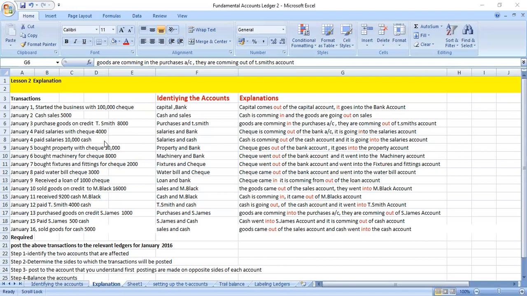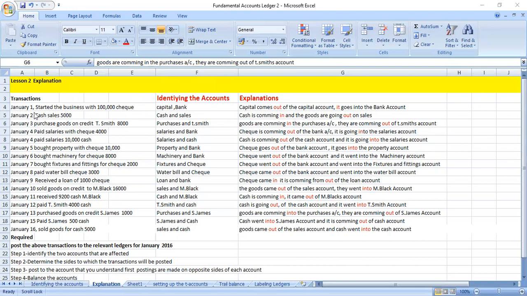So we have a question on this side that provides us with the transactions. In our second column, we're looking at identifying the accounts. And in our third column, we're looking at our explanations. So let us get started.